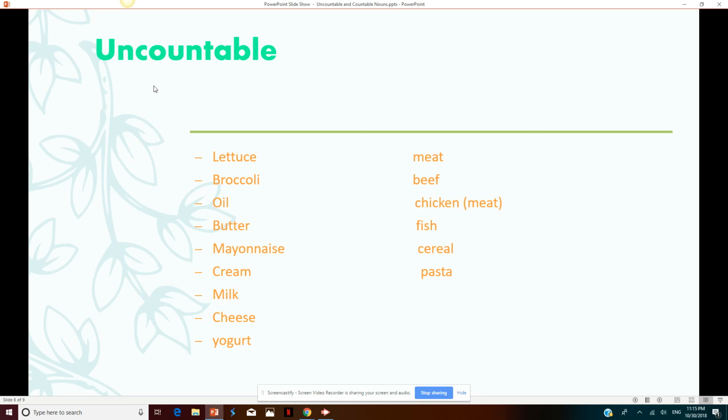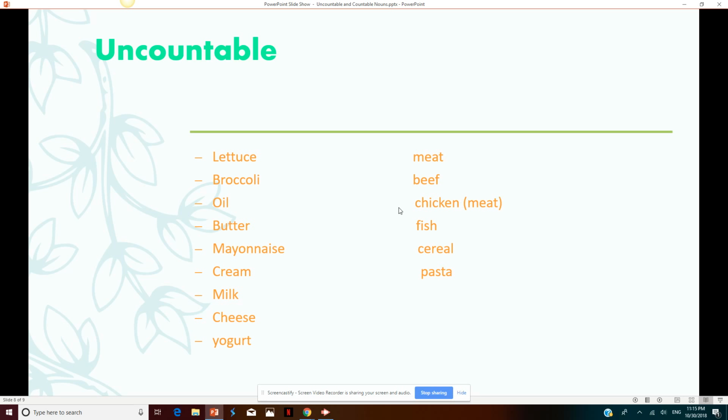Here I have the list of some uncountable nouns. Also, you notice still we're talking about food here. And the other one that I would like to point out is the word chicken. Chicken, when we are talking about the meat, we are not going to use the word with plural.